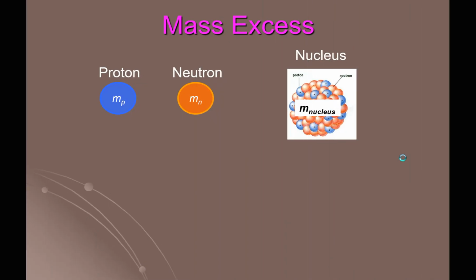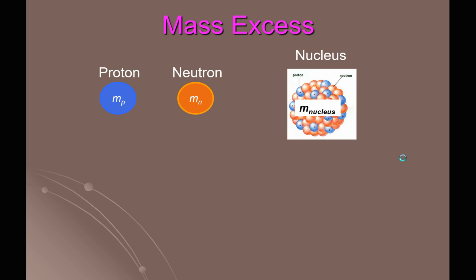For now, let's explore mass excess in detail. We have said a carbon-12 nucleus has 6 protons and 6 neutrons. These combined form a nucleus, but the total mass of the 6 protons plus the total mass of the 6 neutrons is greater than the mass of the stable carbon-12 nucleus.